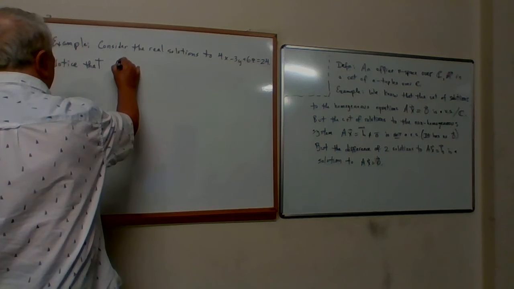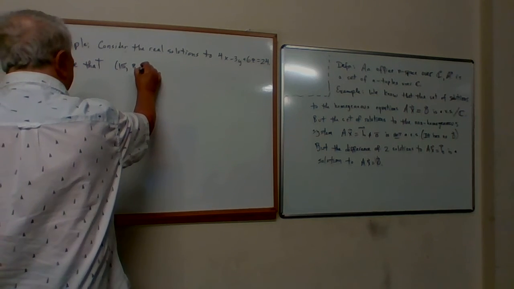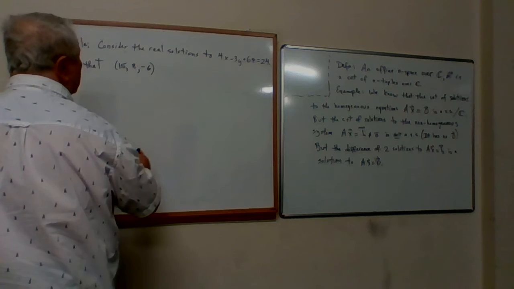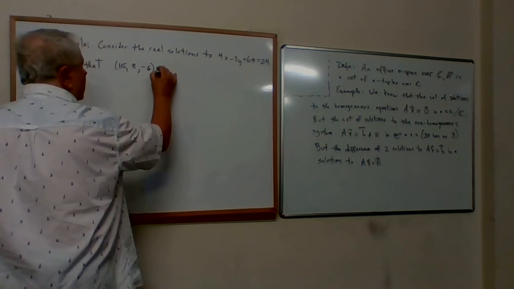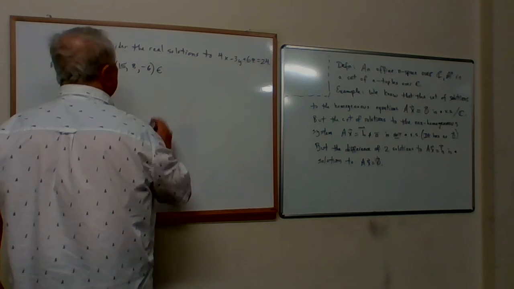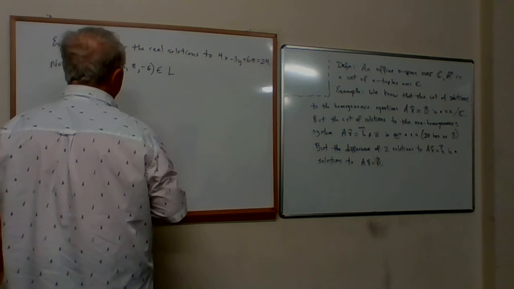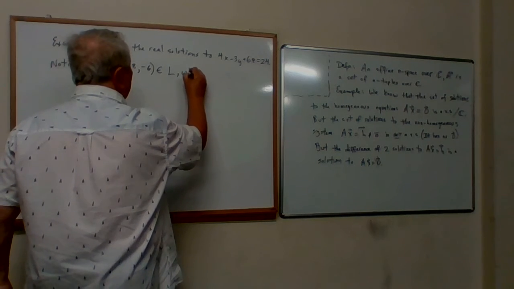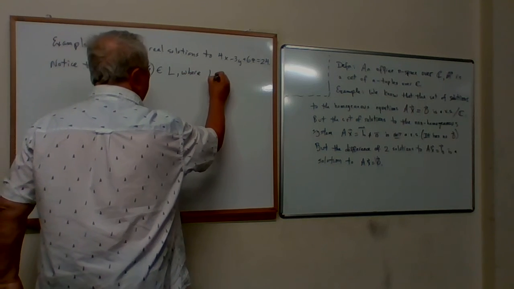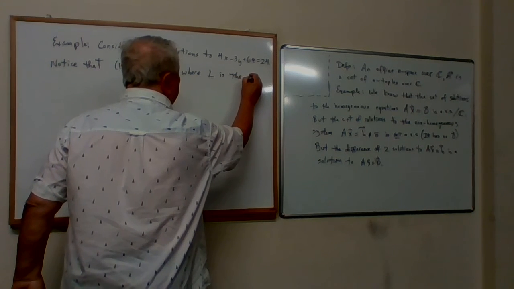Notice that 15, 8, negative 6 is on, and what shall I call this thing? Let's call this thing L, where L is the given plane.